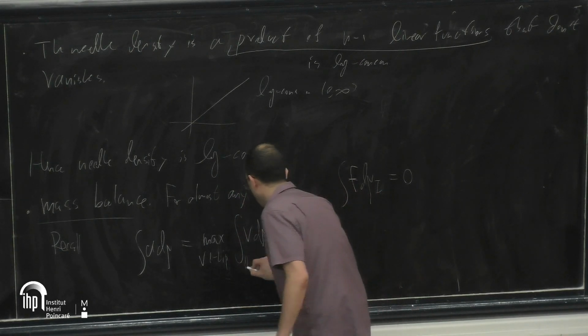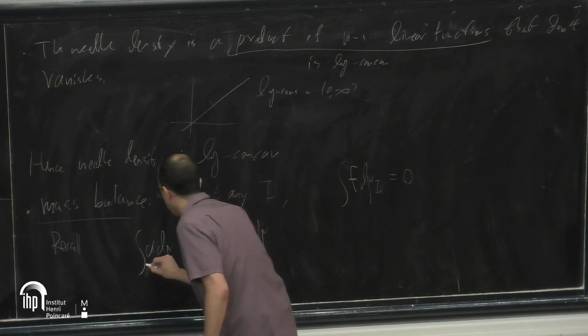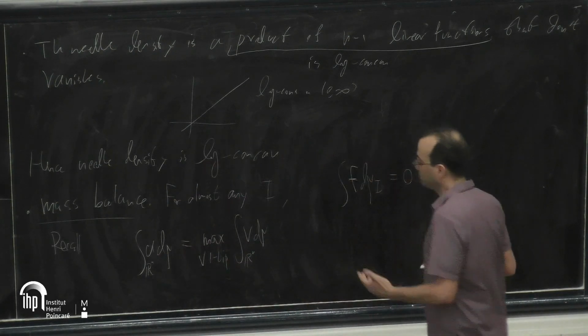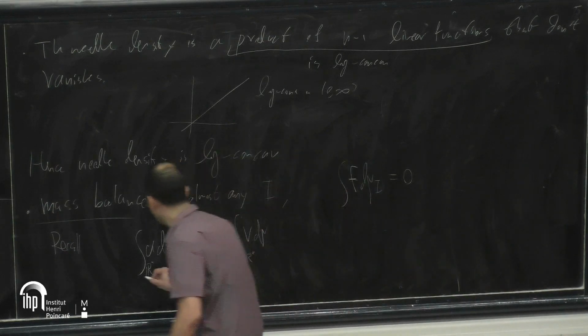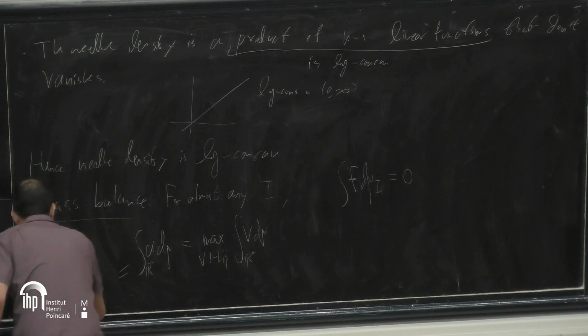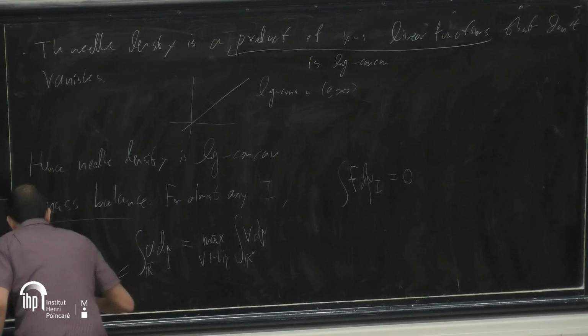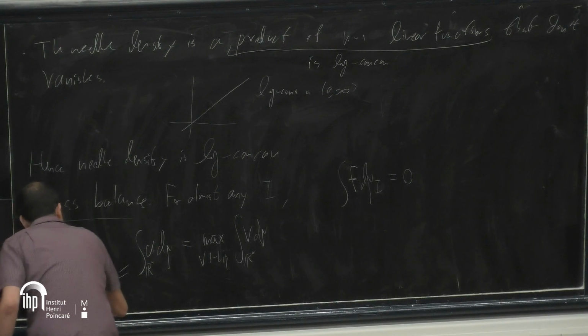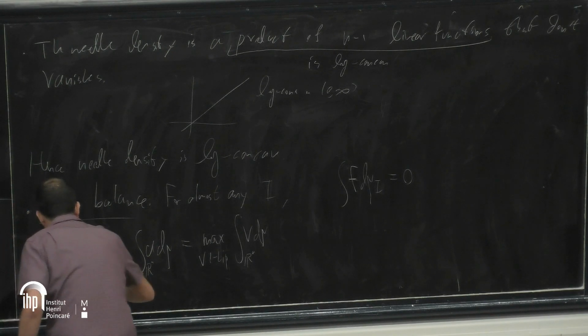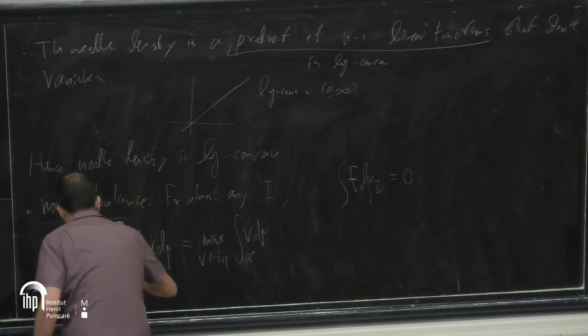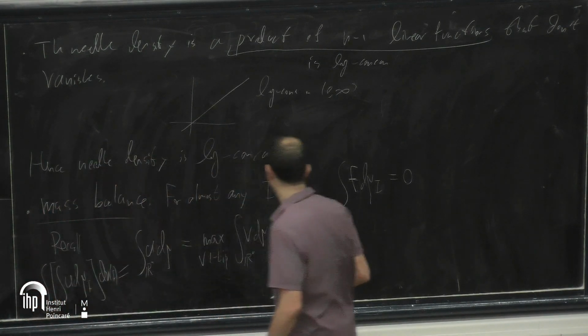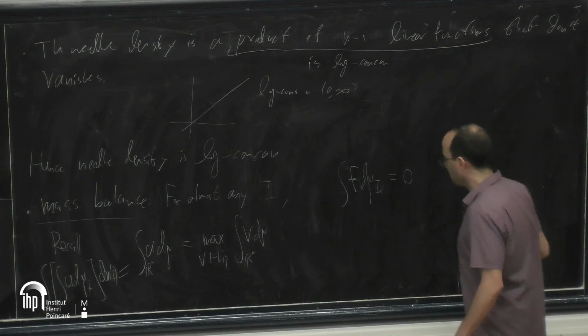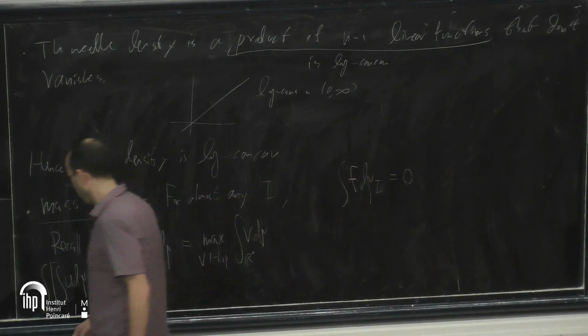And we already have this disintegration of measures, so we can write this step of the proof as the integral over the space of segments of the integral of u d mu I, d nu I. Okay? And now the idea is the following.